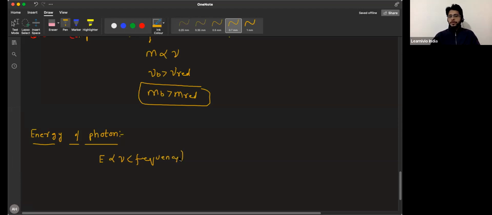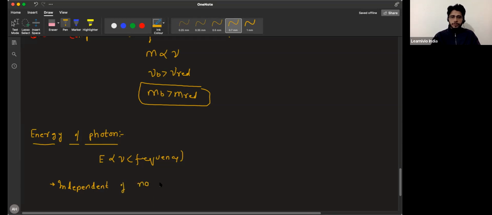Frequency of light. It is independent of the number of photons. So if you increase the number of photons, then energy will not increase. Energy will increase only if you increase the frequency.